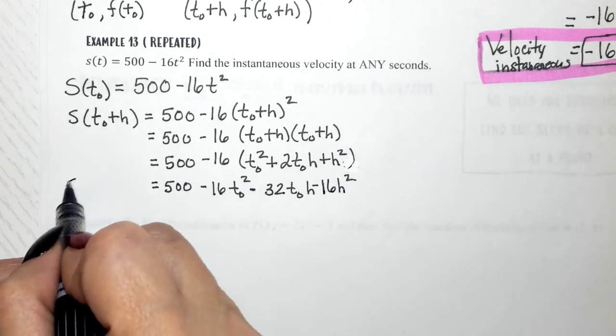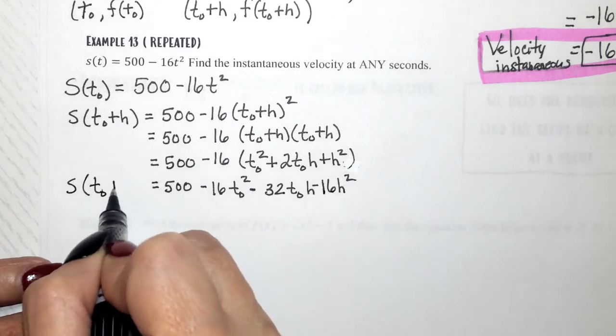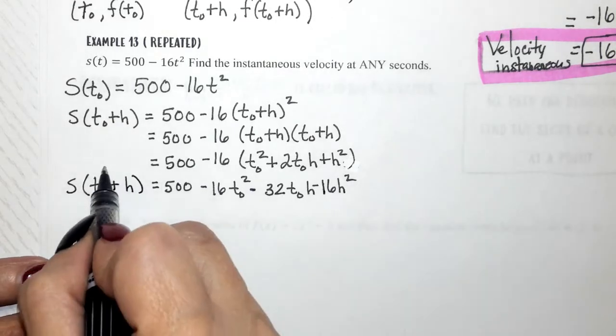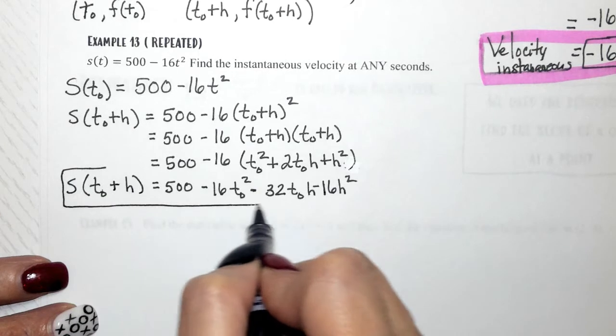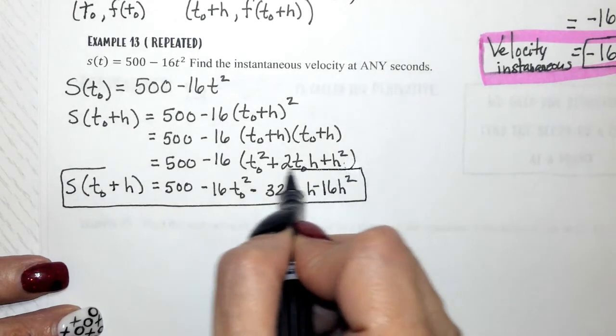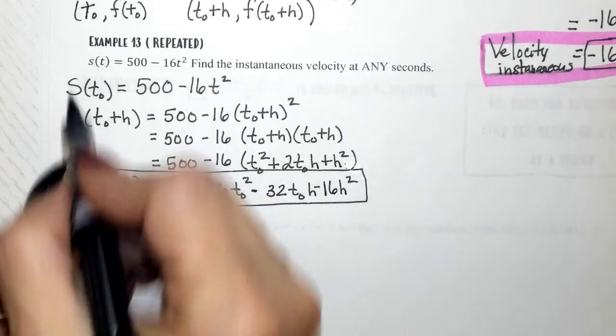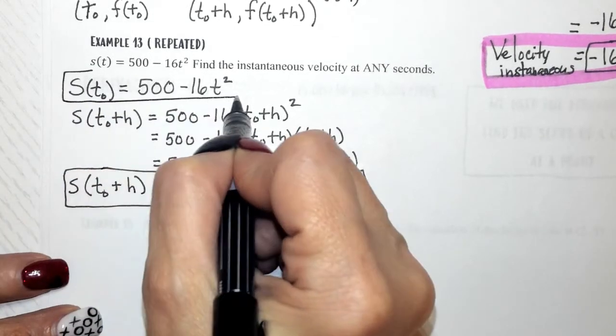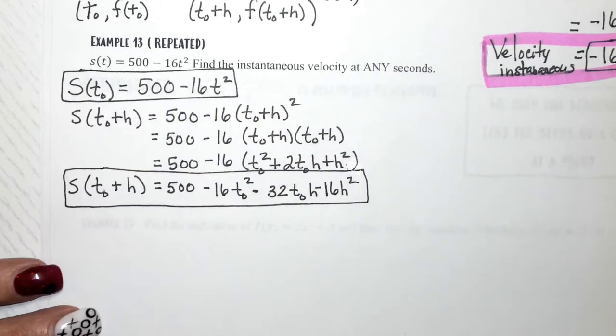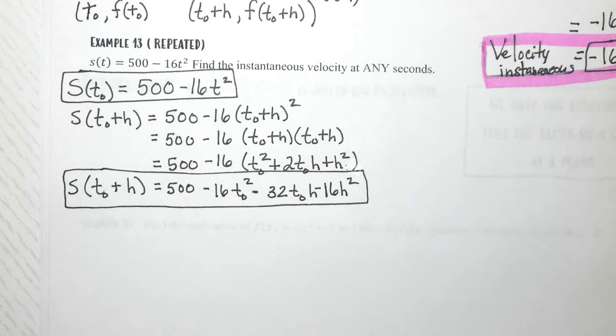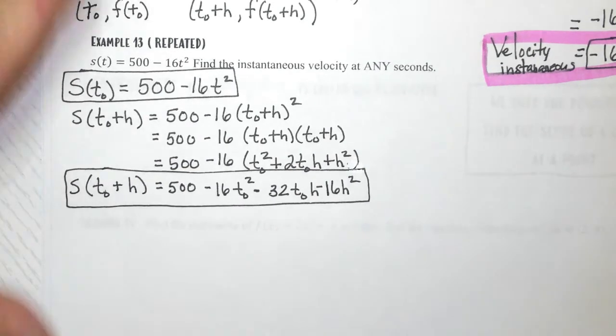So here we go. S of t naught plus h. And I'm going to box that in because that's a pretty important thing to have. I'm going to box this one in because I need that one too. Now what else do I need? I really don't need anything else but h, right? Okay, so here we go.